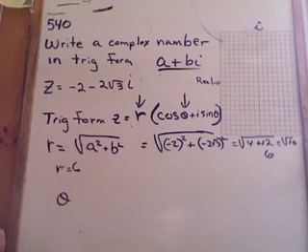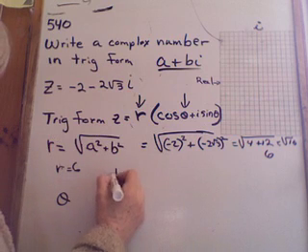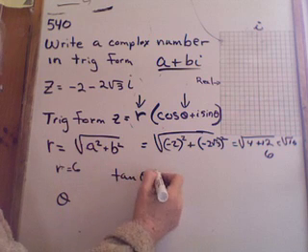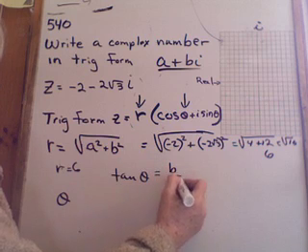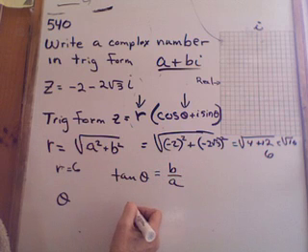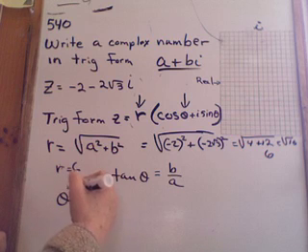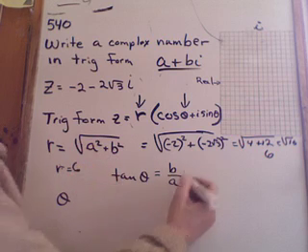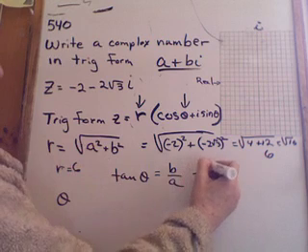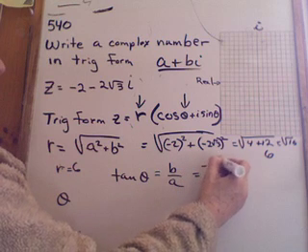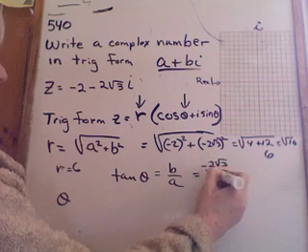And the theta is easy because we know that the tangent of theta equals b over a. So do I know a and b? Oh, yes, I do. So I do the b, which is negative 2 root 3, all over a.